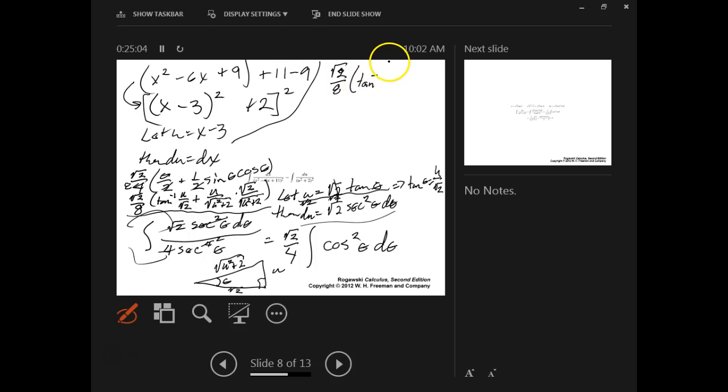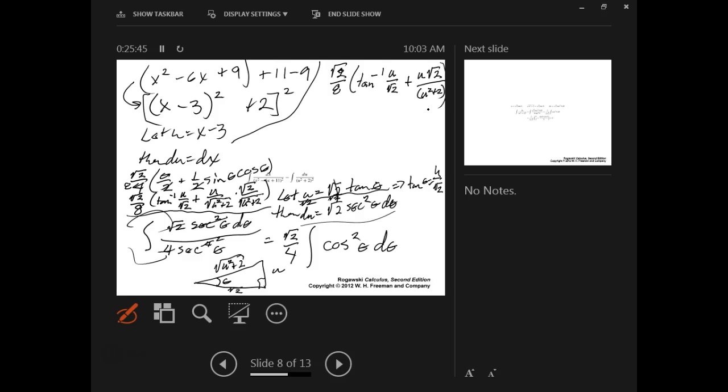Arctangent is fine, it just takes more room to write, and I don't have much room, so I write inverse tangent of u over root 2 plus, now, this is multiplied, so I can simplify that a little bit. I'm going to put u root 2, and when you multiply the denominators, that just gives you u squared plus 2, right? All right, so that's simplified a little bit. We still need a plus c out there, let's not forget that, okay?